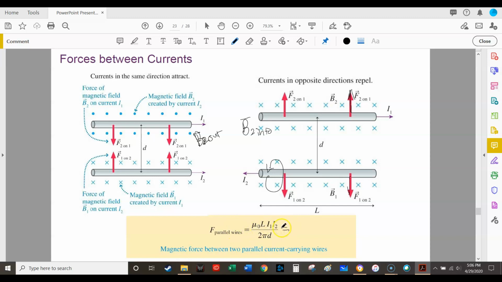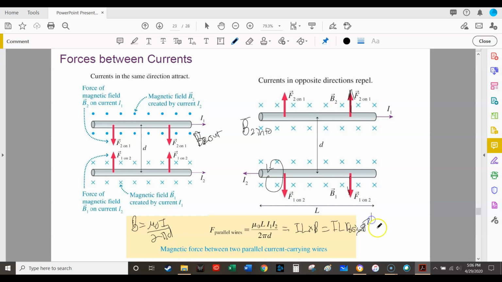But really how they got that is the B field due to a current carrying wire is mu naught I over 2 pi d, so that's Ampere's law. Okay. And so the magnetic force on a wire is going to be IL cross B, or ILB sine of theta, but that sine of 90 degrees is going to be just 1, right?